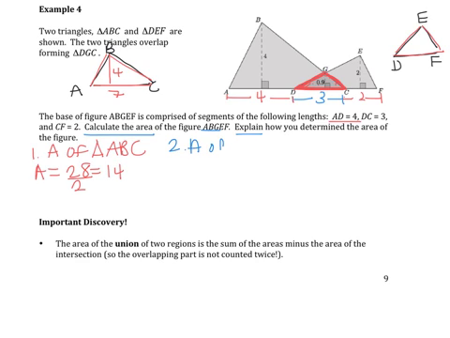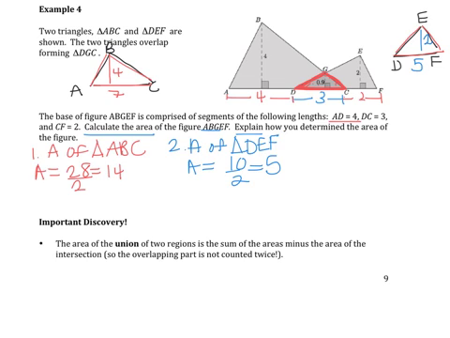The area of triangle DEF, we know DF to be 5, and the altitude, known as the height, to be 2. So that is 5 times 2 is 10, divided in half is 5.